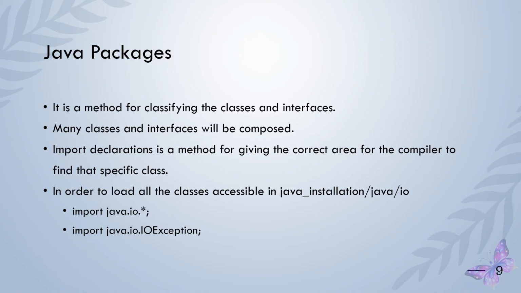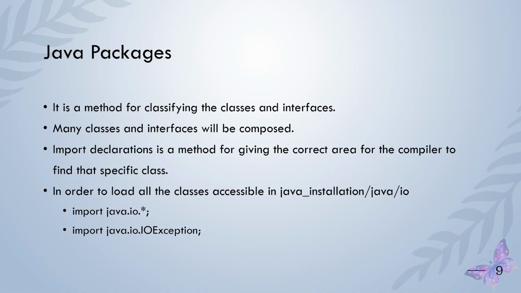For the courses there will be different course classes. So you create this course package and write all the classes in this package. So you can finally differentiate where is the course related class, where is the student related class.